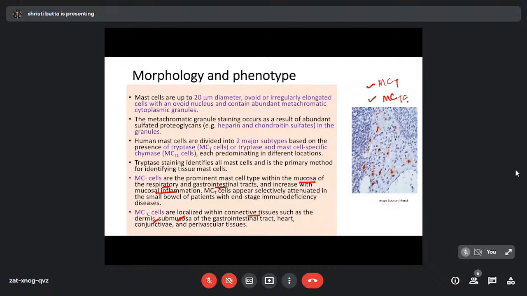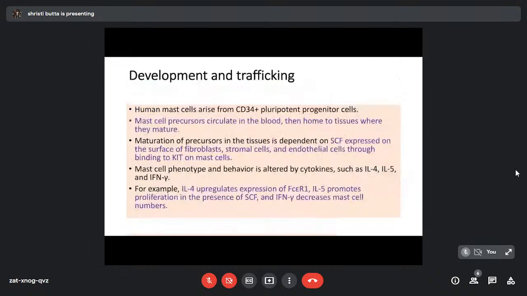Development and trafficking of mast cells. Mast cells arise again from CD34 pluripotent progenitors like basophils, just that the receptors are different. Mast cell precursors circulate in the blood and home to the tissues where they mature. Mast cell maturation of precursors in the tissues is dependent on a very important factor which I've already discussed, that is the stem cell factor.